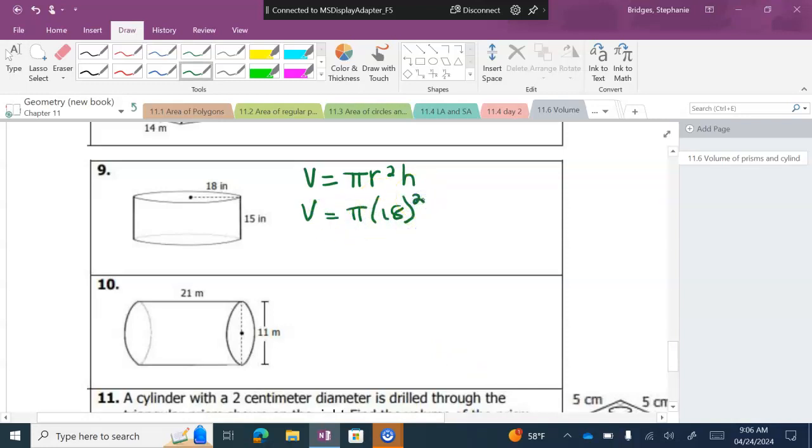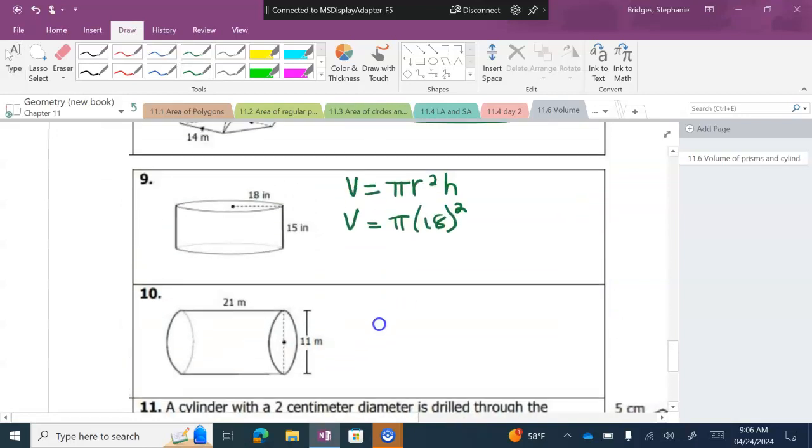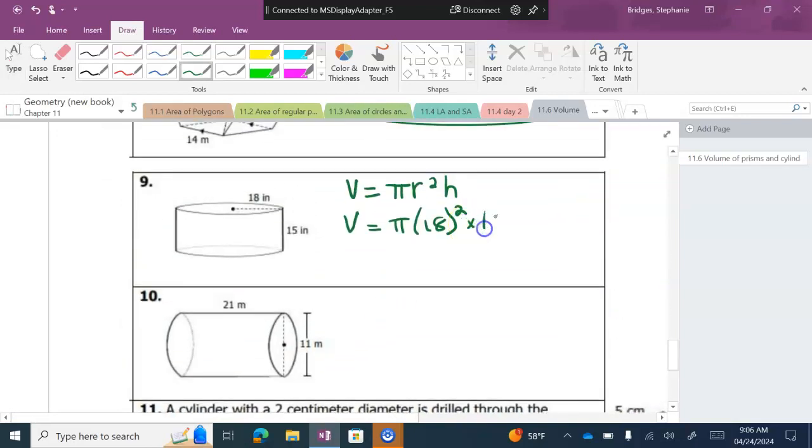And then what's the height? What's the distance between the two circles? 15. So I need you to do 18 squared times 15. And then we're going to stick pi on it, and leave our answer just like that.